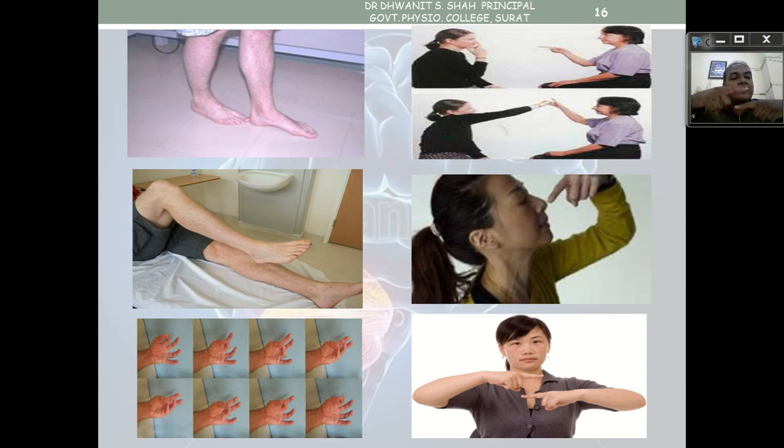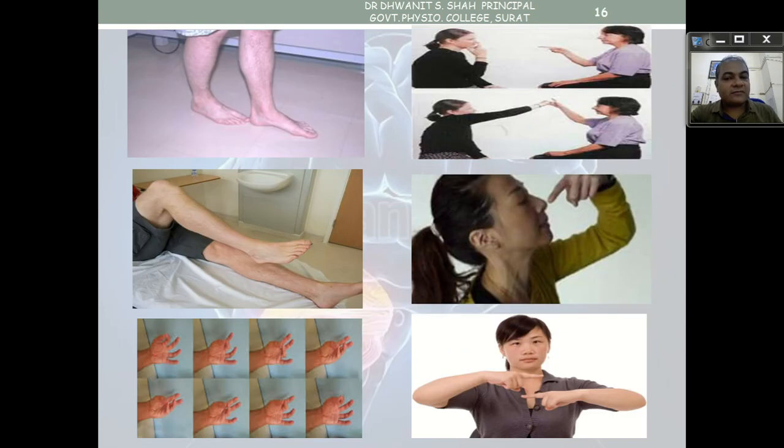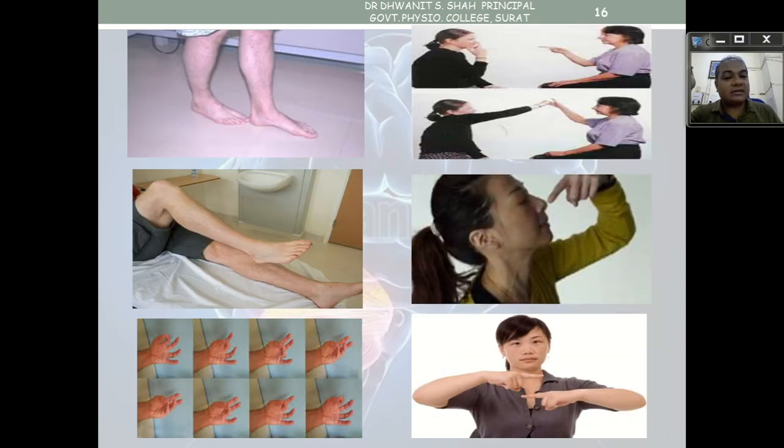These are all non-equilibrium tests, which are not done in a weight-bearing position, whereas the equilibrium tests we saw before are done in weight-bearing positions. All these tests are used to identify incoordination.